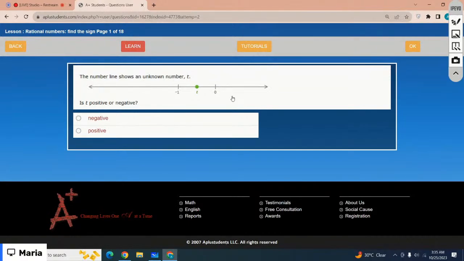The correct option is, you can see t is between 0 and negative 1, right? That means t is at the negative sign. So the correct option is negative.